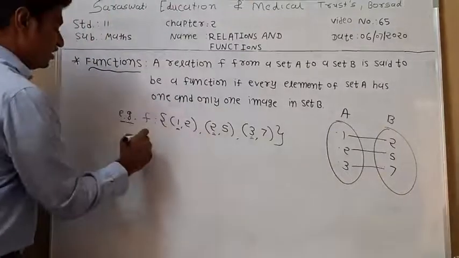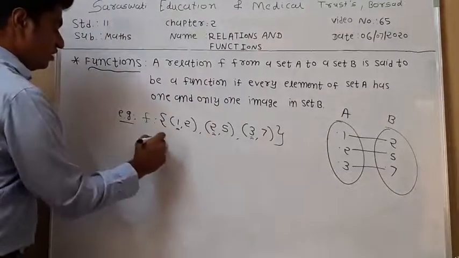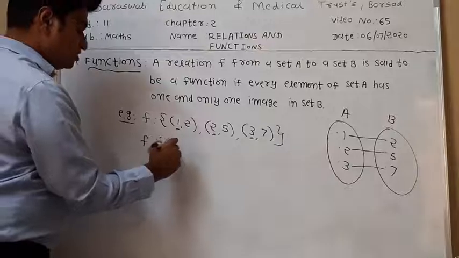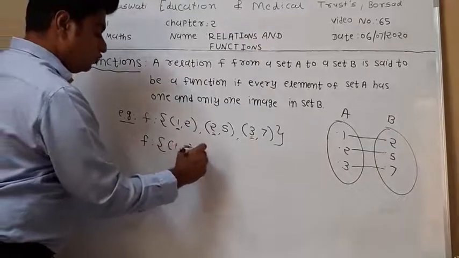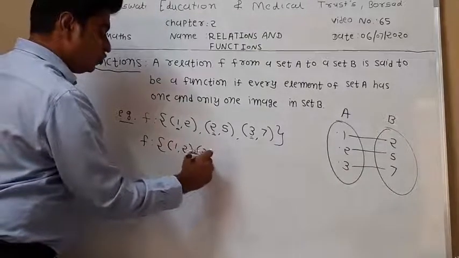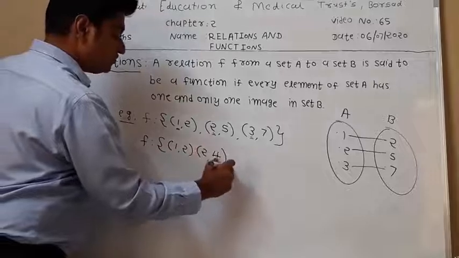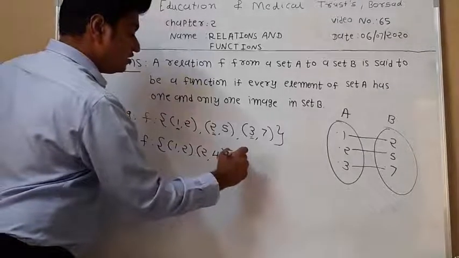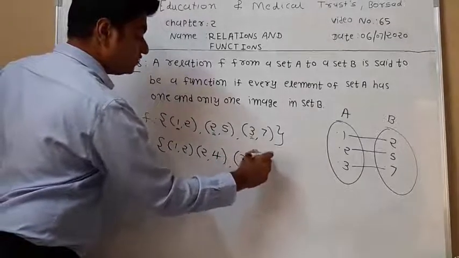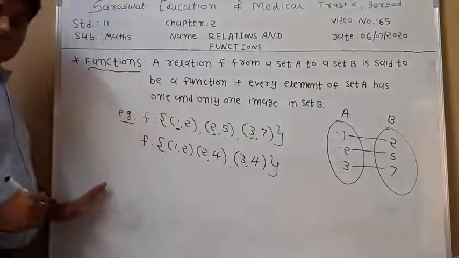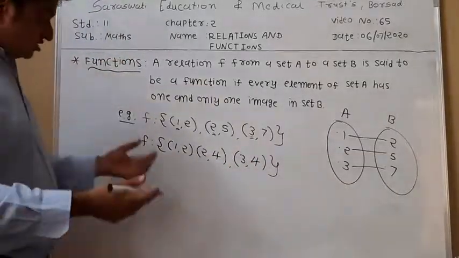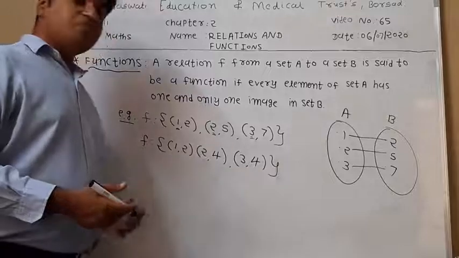Okay, now we can take one more example. f is the set of (1, 2), (2, 4), (3, 4). Is this a function? So yes, this one is also a function.